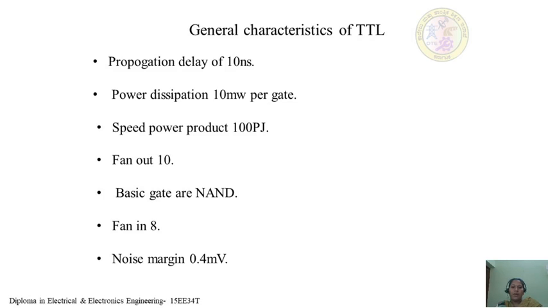Next comes the noise margin level. The TTL family exhibits a noise margin level of 0.4 millivolts. First, let me define what a noise margin is. Noise margin is the ability of the logic gate to prevent unwanted noise signals. Hence, its value is 0.4 millivolts.